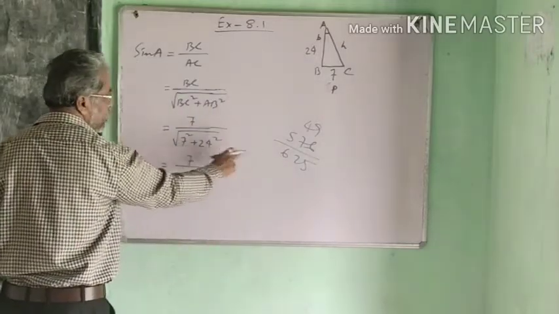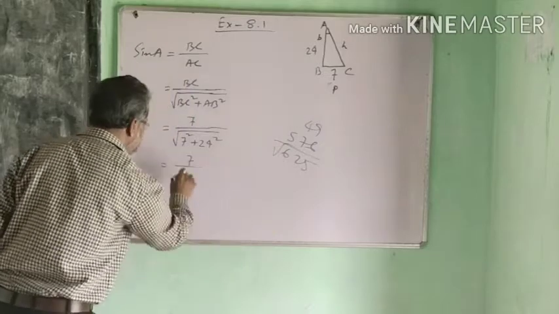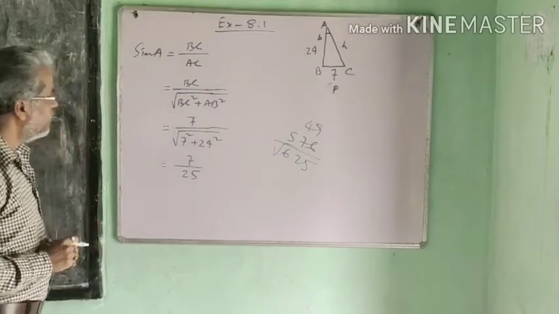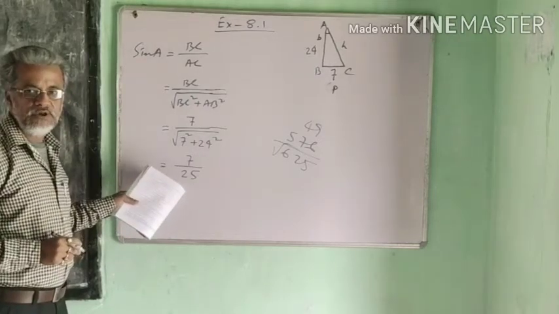Now the square root of 625 is 25. Thus we get sin A is equal to 7 by 25.